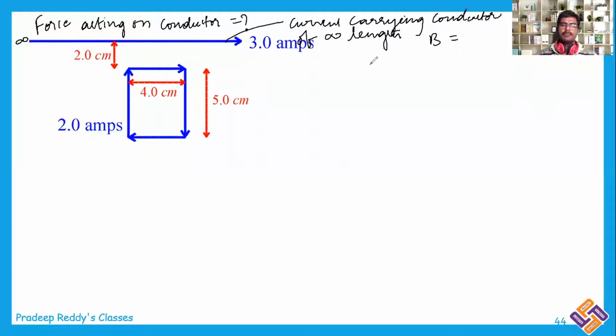The magnetic field produced by this current carrying conductor at any particular distance x is mu naught I divided by 2 pi x, where x is the distance. Okay, this is the magnetic field.